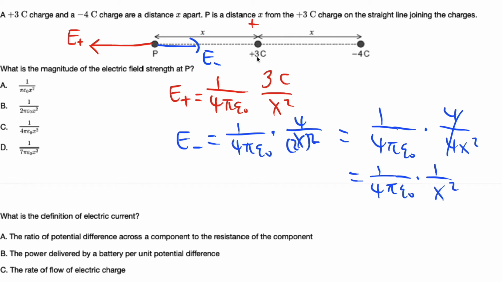Right. So now I can calculate the net electric field. So here C simply is coulomb, the unit of charge. So I'm gonna erase that for now. So the net electric field is gonna be equal to what?